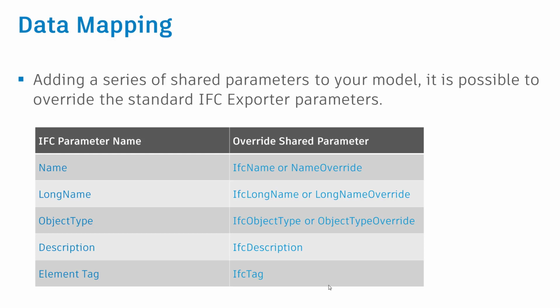But in the majority of instances, you'll probably want to ensure that the IFC name and the long name are correct for the particular objects you're exporting, especially for things like building story levels inside Revit, or IFC building stories, and descriptions as well. It doesn't always export the right description, but you can absolutely define what the description of that particular object or element is going to be.